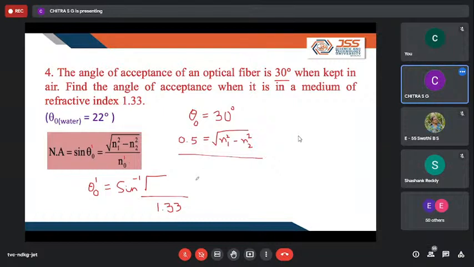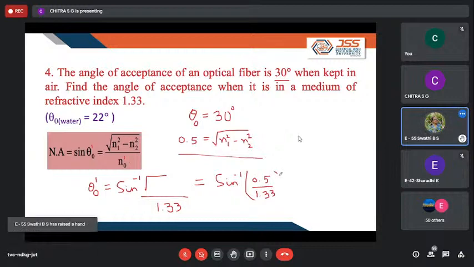So theta naught dash is nothing but sine inverse of 0.5 by 1.33. See how much you'll get. How much did you get? 22.08, ma'am. 22.08. Okay, approximately I've written here as 22.